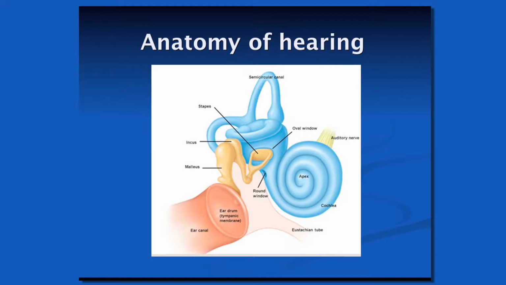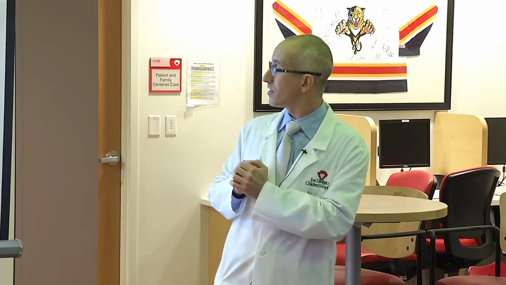And based on the pitch or the frequency and the loudness, different cells within the cochlea get turned on. And those are called the hair cells. They twitch and they release little molecules and ions into their cell bodies, which creates an electrical impulse which turns on the nerve, which sends the sound to the brain.